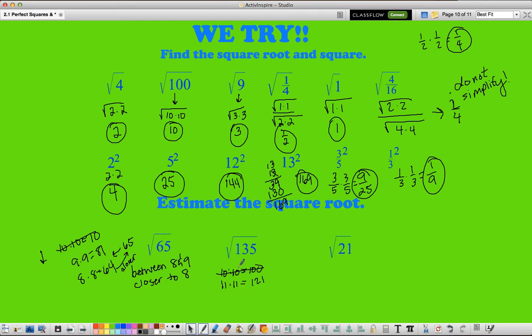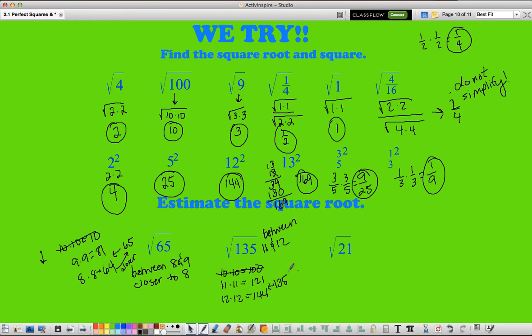Now I know that it's not between 10 and 11 because 135 doesn't fit here. I know my next one, 12 times 12, is 144. And so I know 135 fits in between there. So then I know that my estimate is that the square root of 135 is between 11 and 12.